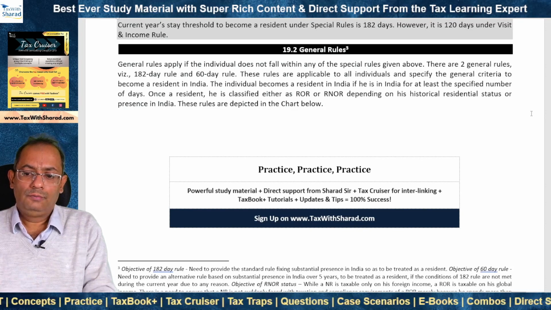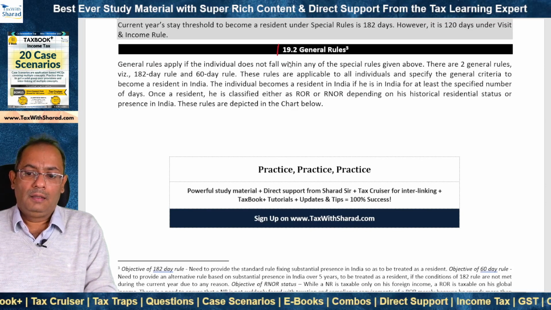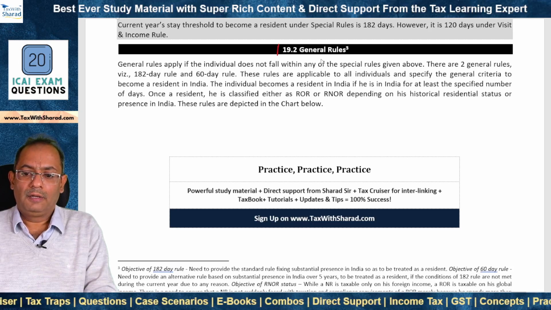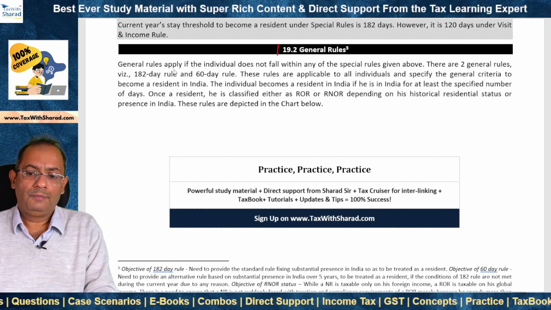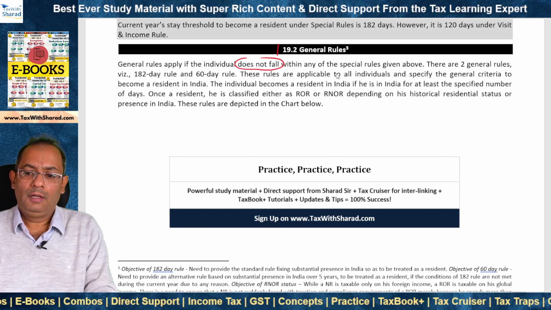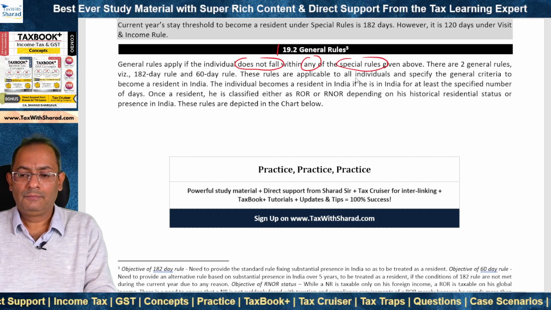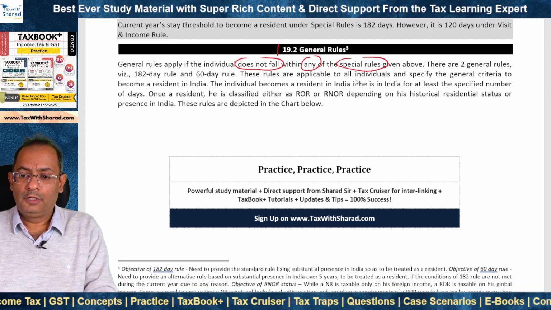We will now look at the general rules and see when an individual becomes a resident under a general rule. So general rules apply if the individual does not fall within any of the special rules given above. So we noted the 4 special rules.